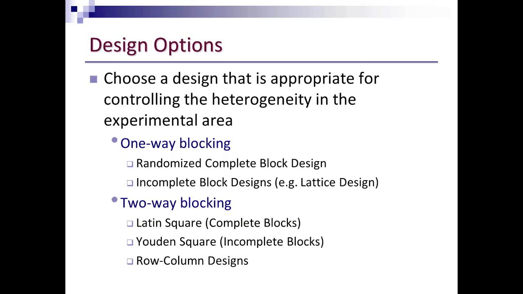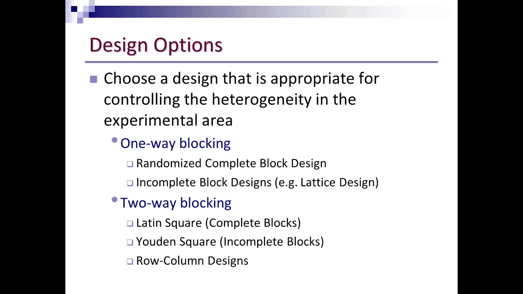So basically you have to make several decisions. You choose a design that's appropriate for controlling the heterogeneity in the experimental error. You can choose to use one-way blocking with a completely randomized design, or you may choose to use an incomplete block design.